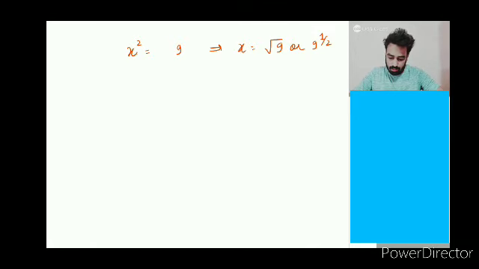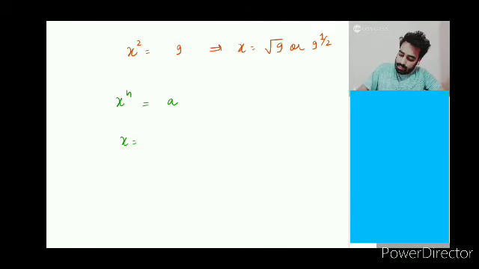Yes, right? Similarly, if I write x power n is a, I can write x as the nth root of a, or a power 1 by n.